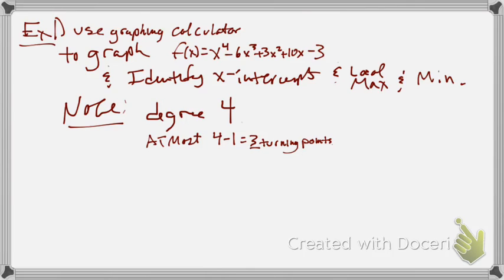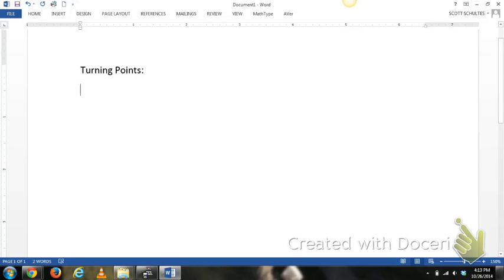I may have 0, I may have 1, I may have 2, but at the most it would be 3. It would be impossible because it's degree 4 to have 4 or more turning points. At most it's 1 less than the degree. So this is what we're going to do. Let's see if I can pull up my graphing calculator.